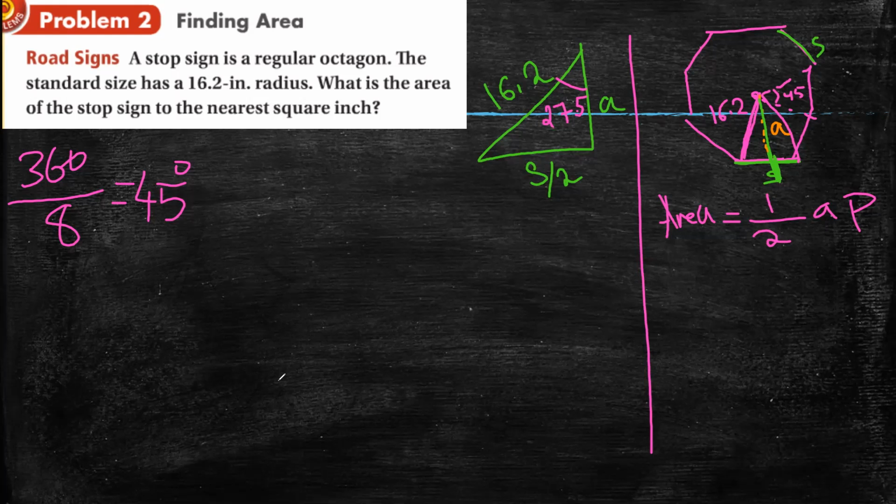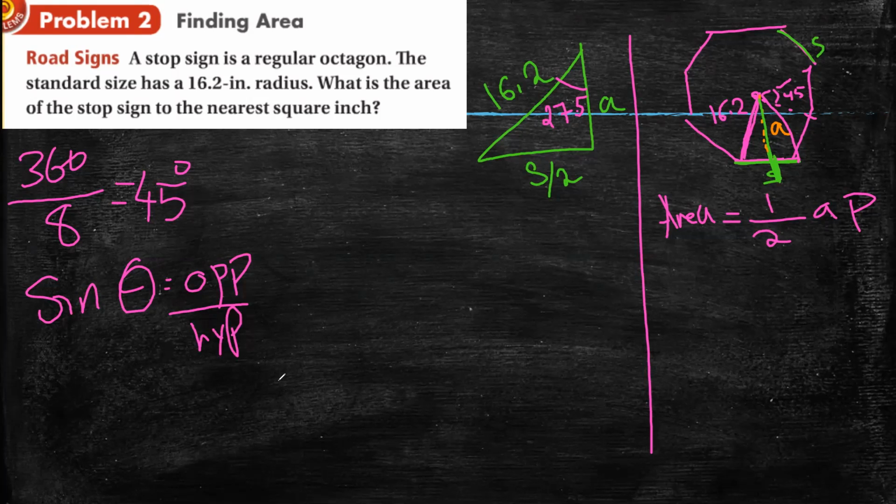Now look at this right triangle. I need to find the opposite, I need to find the adjacent, and I have the hypotenuse. So I will use the sine or the cosine. Now let's use sine. So sine theta is opposite over hypotenuse.